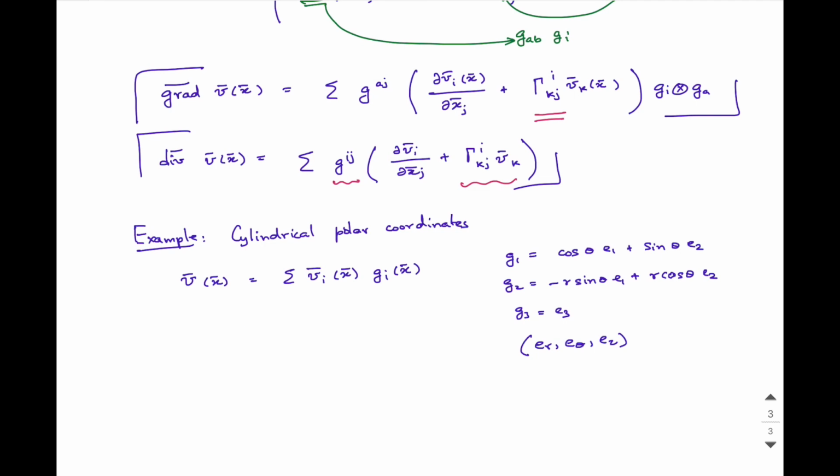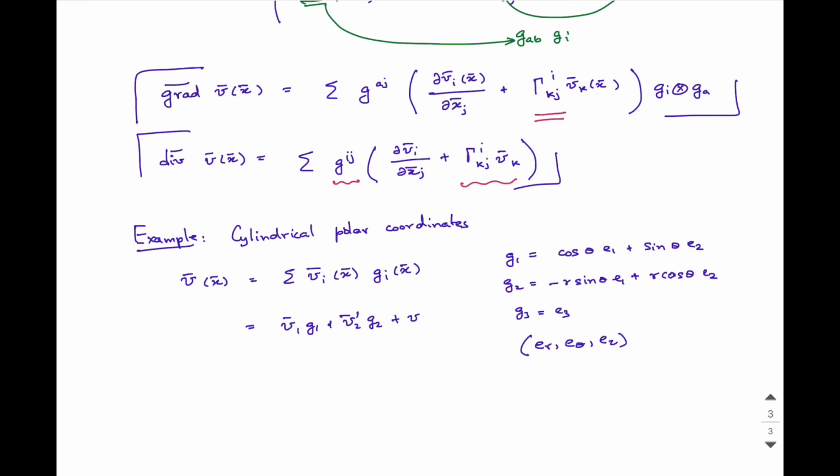So a given vector can be written either as V bar 1 g1 plus V bar 2 dash g2, plus V bar 3 g3. I'm going to put a dash here; it's not the differentiation symbol, just a symbol to distinguish V bar 2 from V bar 2 dash. There's no meaning to it.